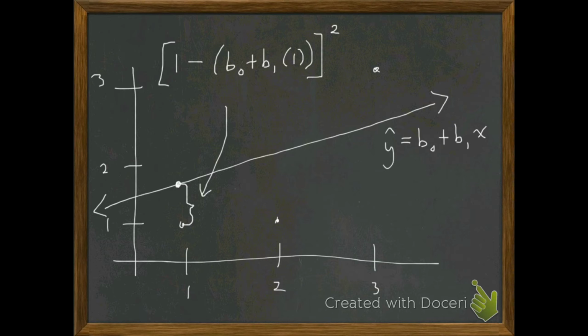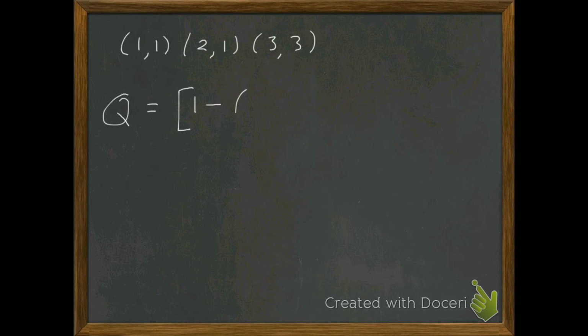So guys, anyway, in general, for the points 1, 1, 2, 1, and 3, 3, we get Q equal 1 minus beta 0 plus beta 1 quantity squared.